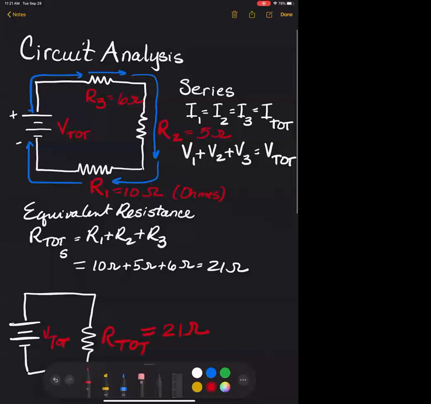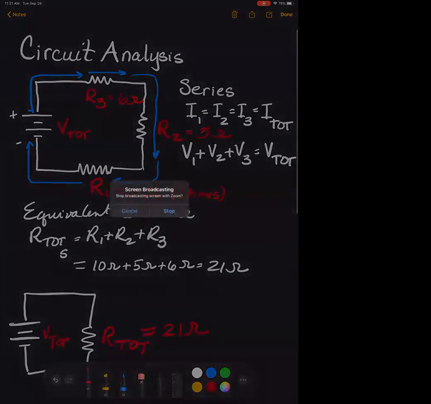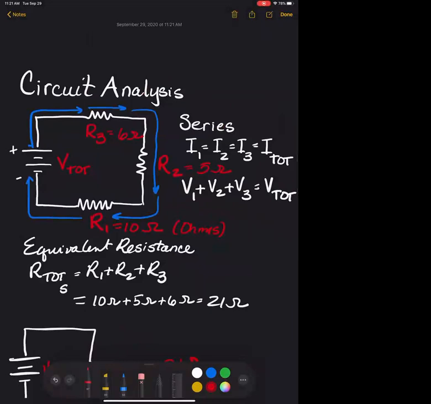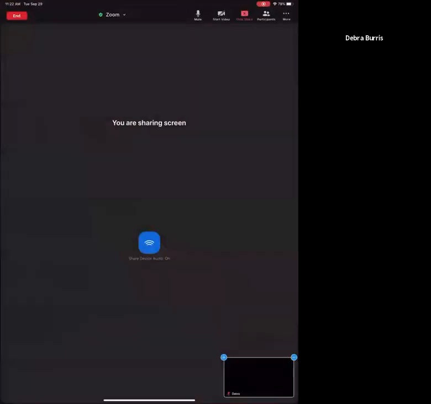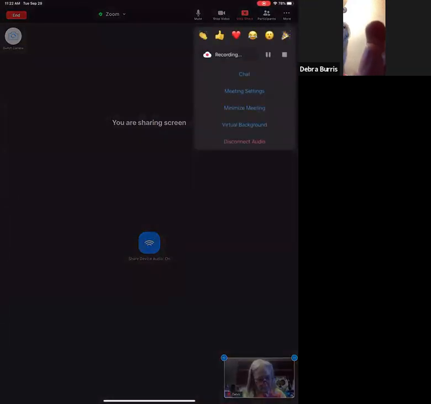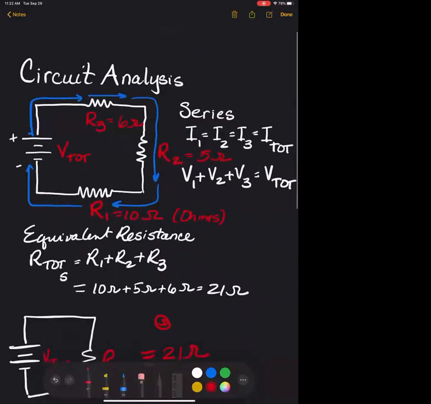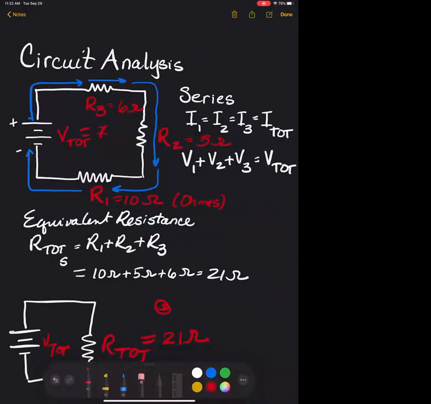Now, the way I can find that current is, if I knew V total, for example. So let's say I know that V total here is, I don't know, we'll say 7 volts.